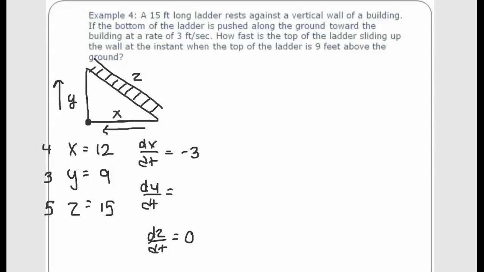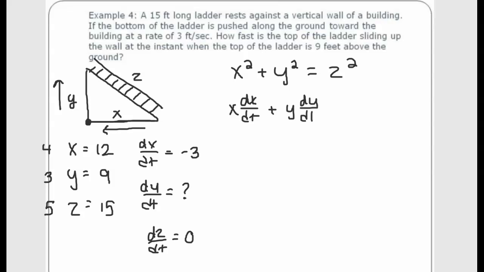dz dt is once again 0. We're looking for dy dt. If you become confident in your derivative of x squared, y squared, z squared, and you don't want to waste the space with the 2's, I'm okay with that. So if you're comfortable jumping to x dx dt, y dy dt, z dz dt, that's fine.